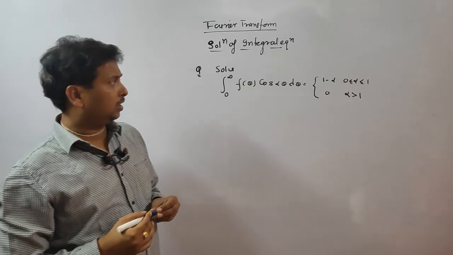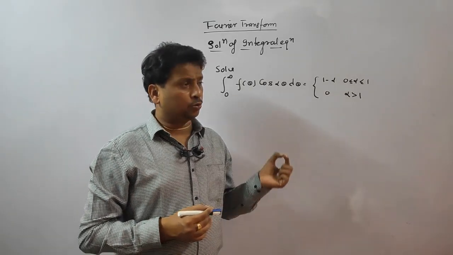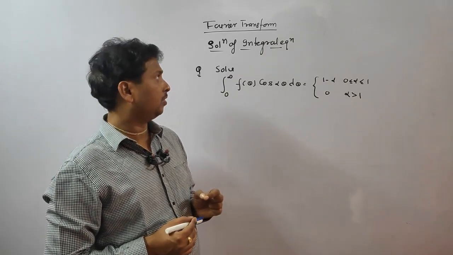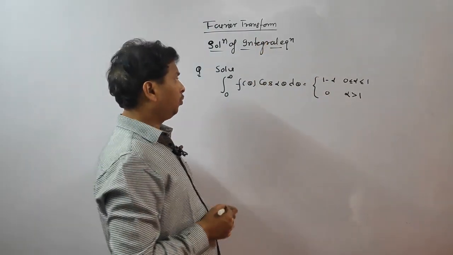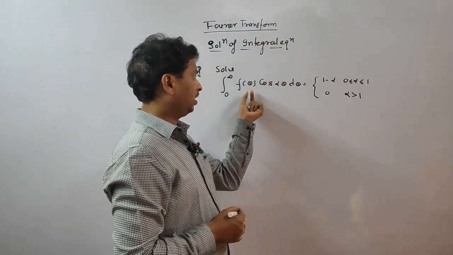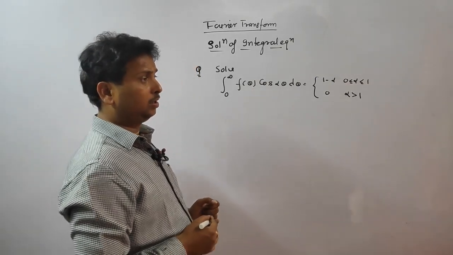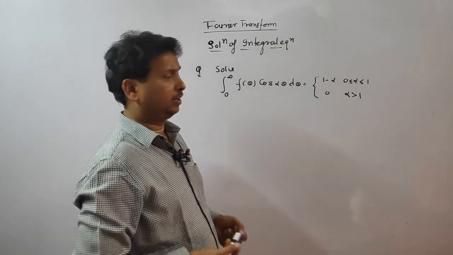Suppose this integral equation is given. Now the question is how we solve it using Fourier transform. Solve means we have to calculate f(x) or f(theta) value, correct? Because solution of any equation means calculating the values of y.